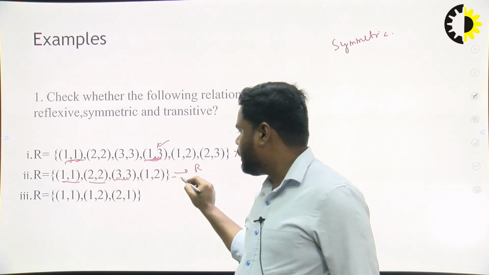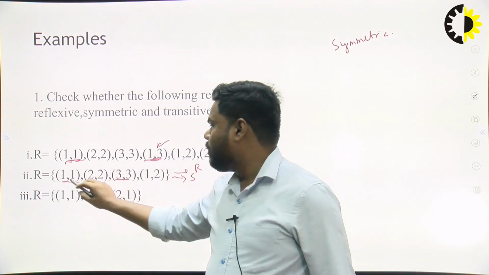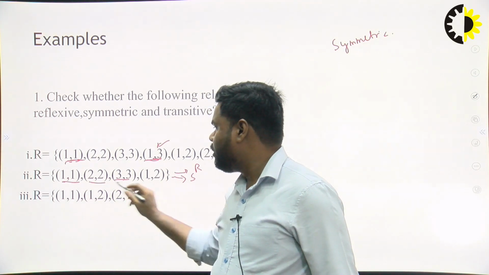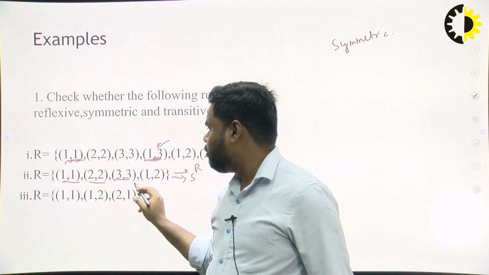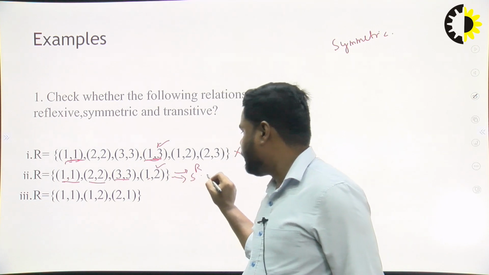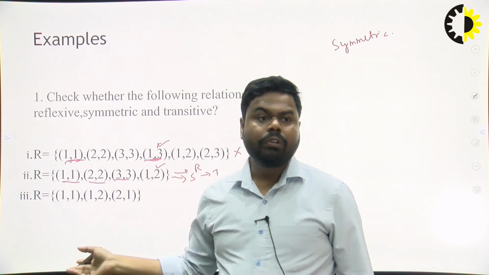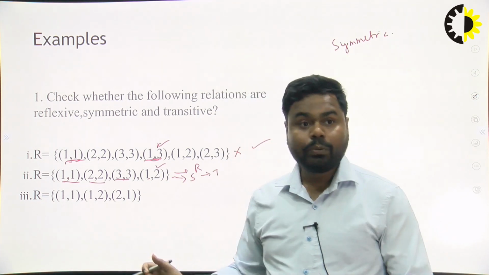There is no symmetry. And for transitive, (1, 1) and (1, 2) give (1, 2), yes it is present, so it is transitive. So for this we will do, and thank you for this one.